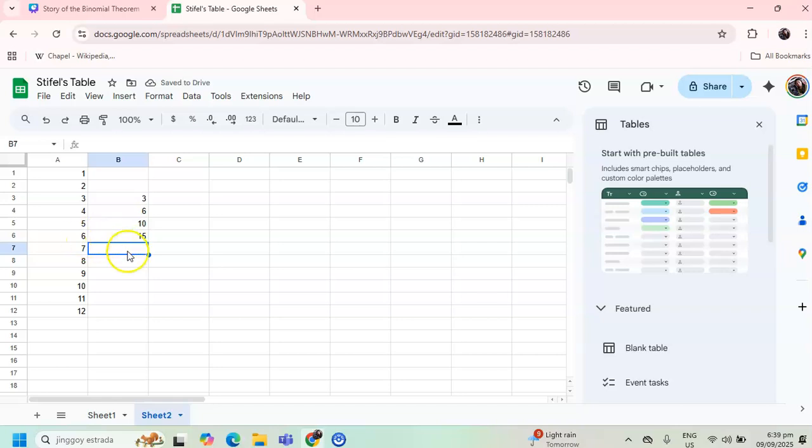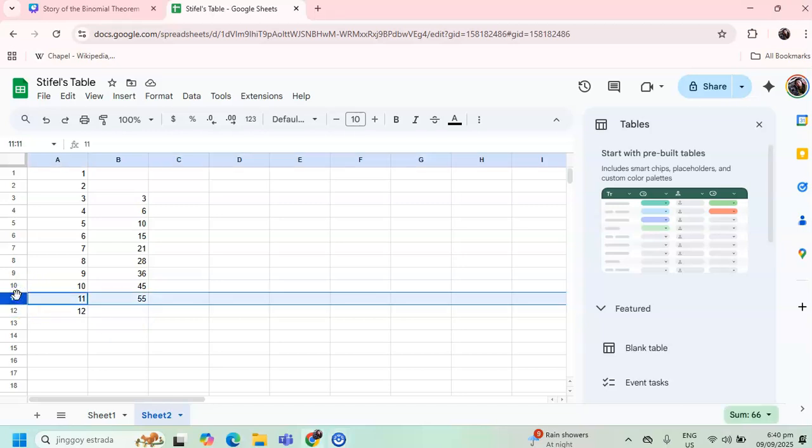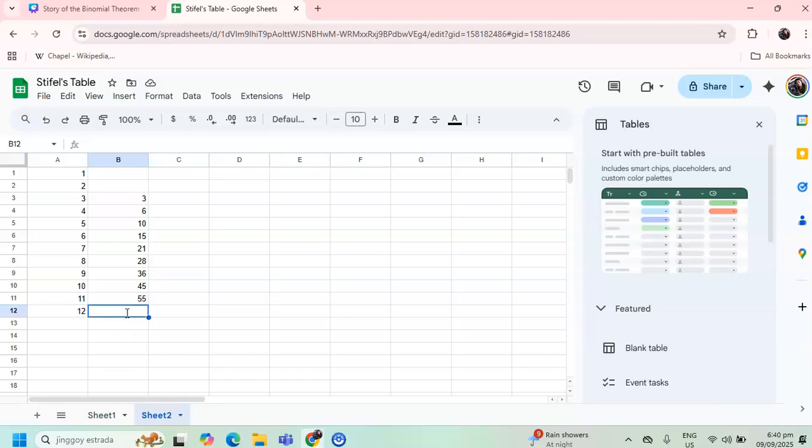So 6 plus 15 is 21. 21 plus 7 is 28. 8 plus 28 is 36. And then 36 plus 9 is 45. 45 plus 10 is 55, and then for B12, previous row again, the numbers are 11 and 55. We add them. 11 plus 55 is 66.